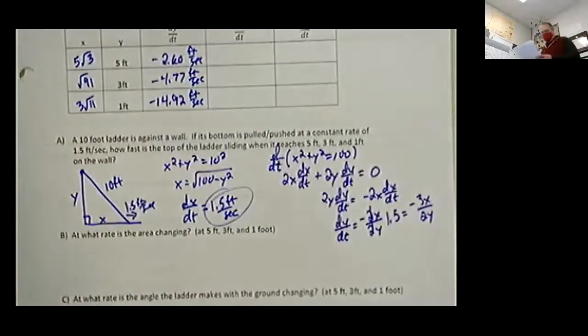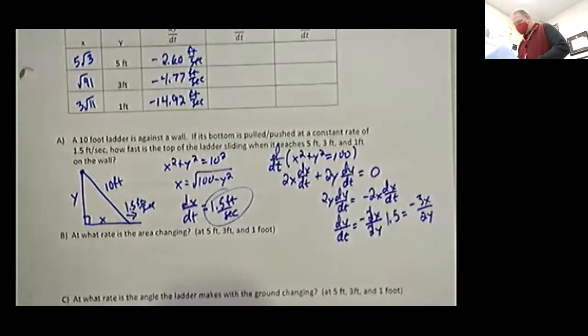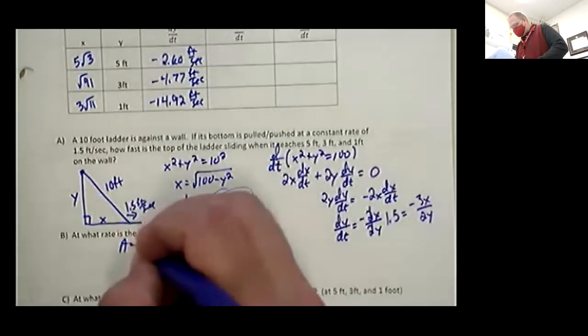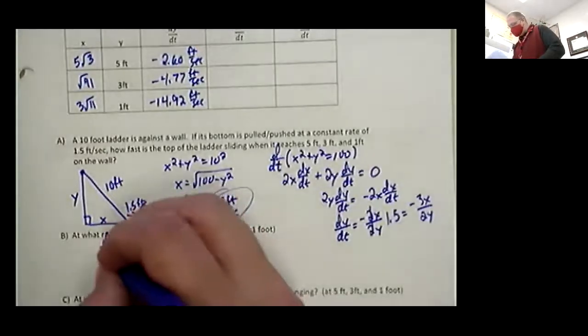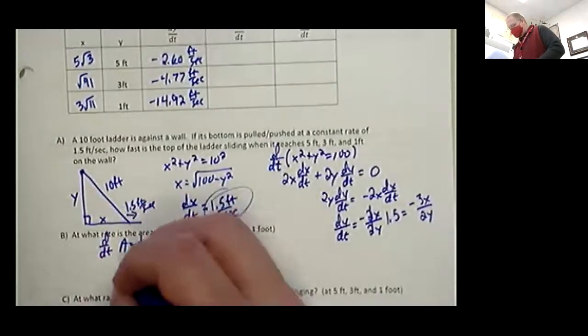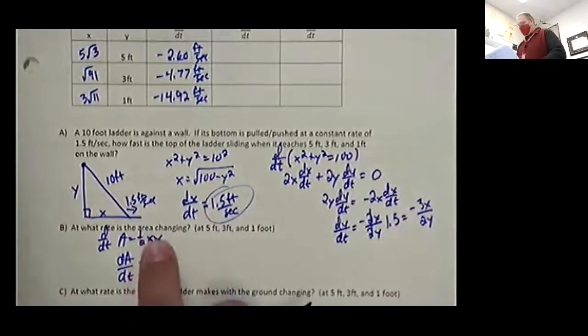Next is we want to find the rate the area is changing. So to do that, we need a formula for area. What's the area of that triangle? Which in this case is 1/2 x and y. So now we're taking, again, the derivative with respect to time, that is dA dt, so that's our second column, is equal to, here we have to use again the product rule.